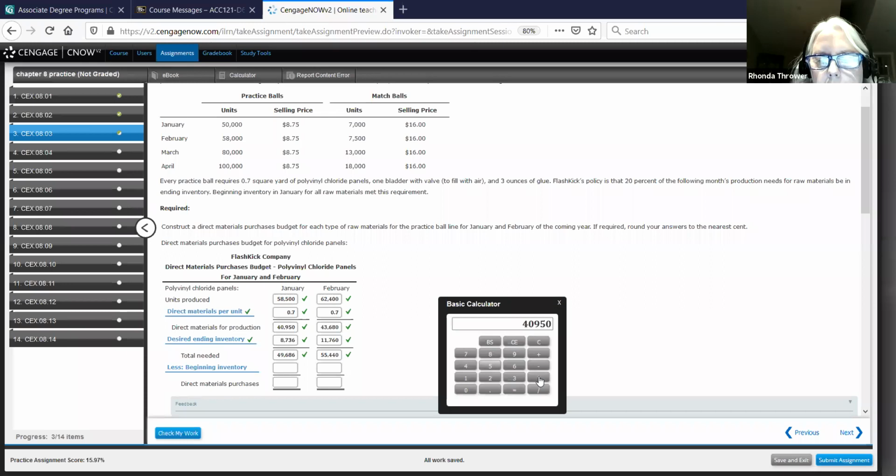We would multiply that by 20% to get the ending inventory for December. And the December ending inventory will become January's beginning inventory.